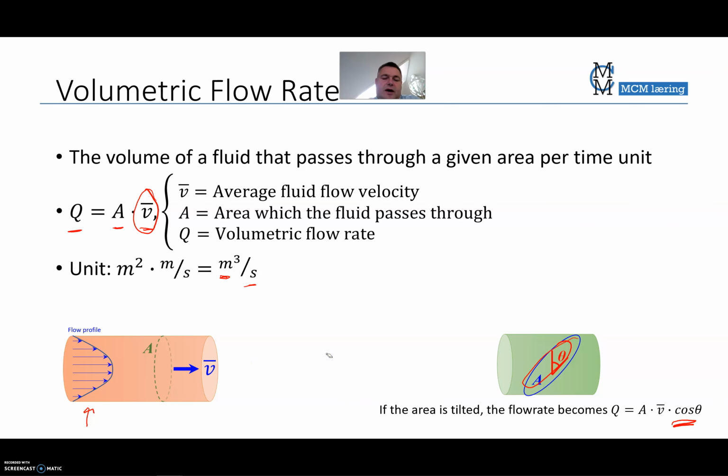But if we want to analyze the flow rate at different sections of this pipe, you can imagine that we have different areas here, and we measure different flow rates at these 3 points. So that is volumetric, the volume units per second.